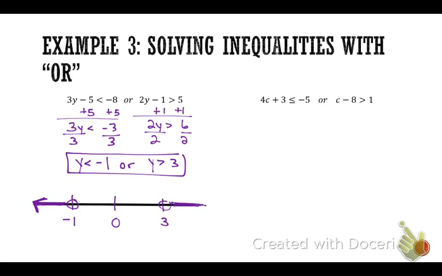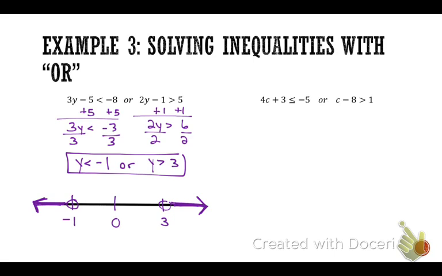And greater than 3. So with or statements, what I'm saying is the values in between here are not going to be solutions. Take 0, for example. If I were to plug back in 0, 3 times 0 is 0. -5 is not less than -8.